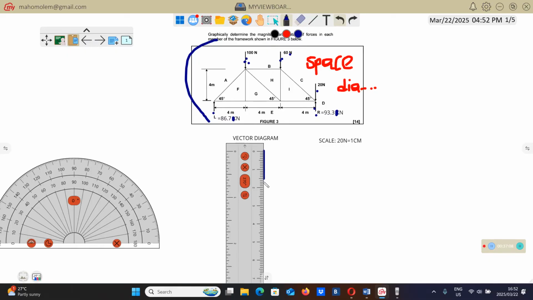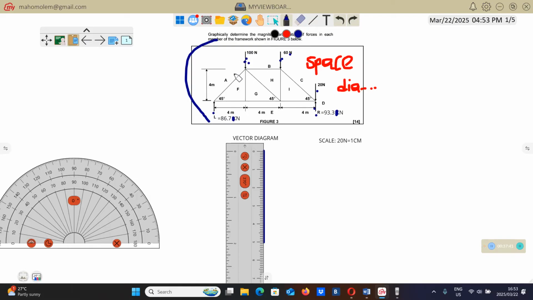If I move another 1 centimeter, it's another 20 Newton, meaning that this length from here to there represents 40 Newton. So from here to there 60, from here to there 80, from here to there 100. So this represents this line of 100 Newton.